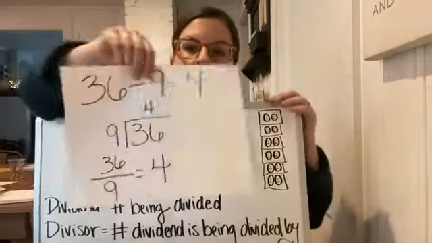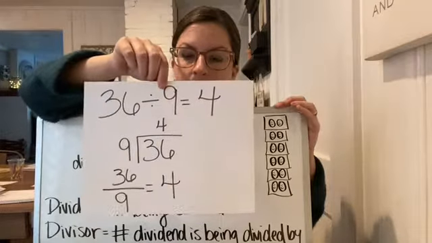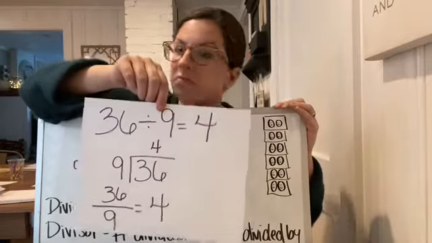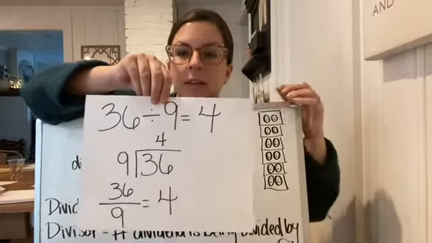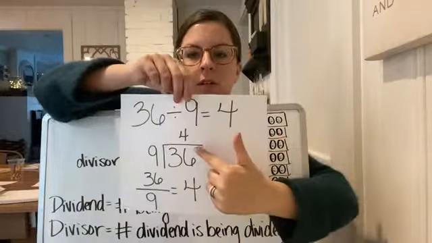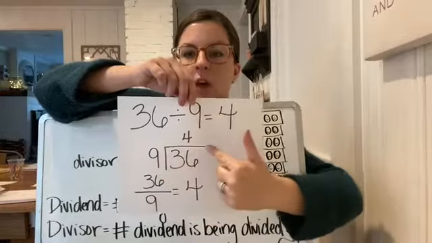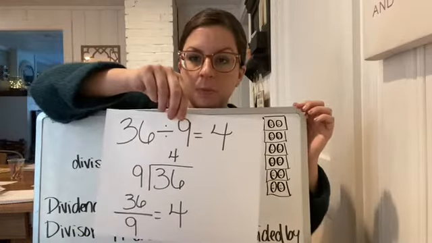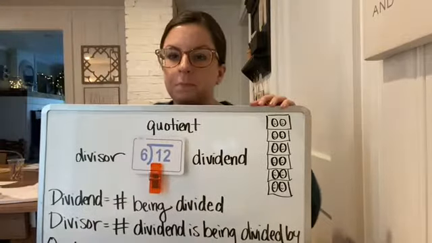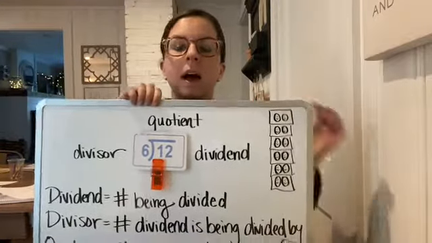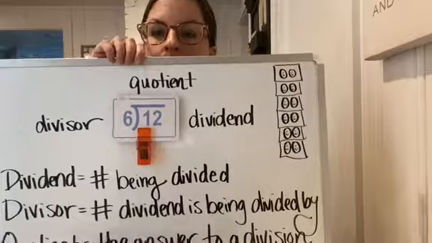So anytime you see a division problem written any of these 3 ways, you do it the same way. It's just that you write the answer in a different place. We use this division symbol usually for longer division problems, but you can also use it for short division problems.